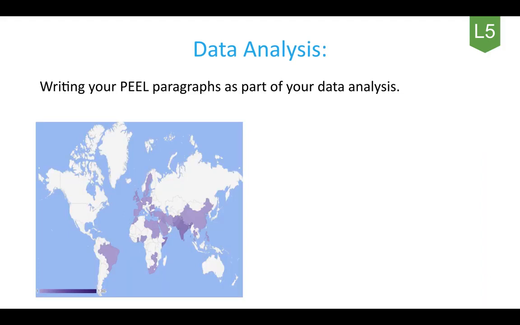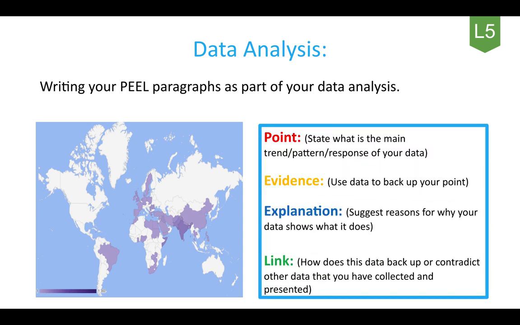So let's take, for example, then. Firstly, we're going to look at our PL structure. This is an example of a graph that you will have made, probably with slightly different colors, okay? And that was from our secondary data analysis. Now, when we're looking at any graph, we want to start off with our point. We want to say, what is the main thing that we see here, okay? And it might be, in this example, picking out particular countries that come up quite significantly on this map.